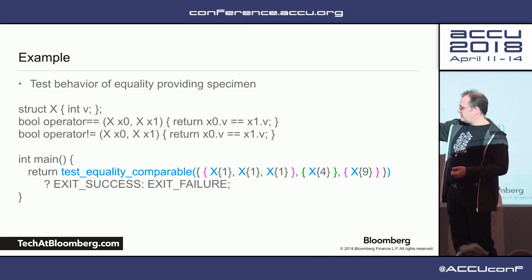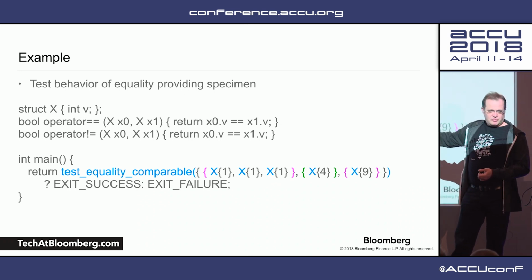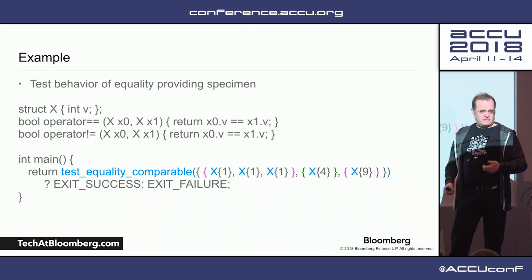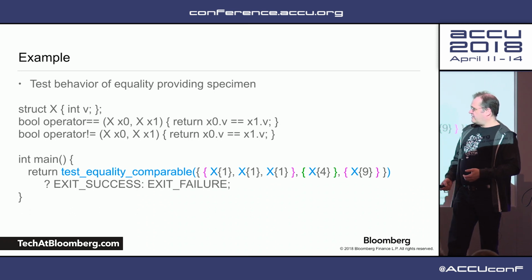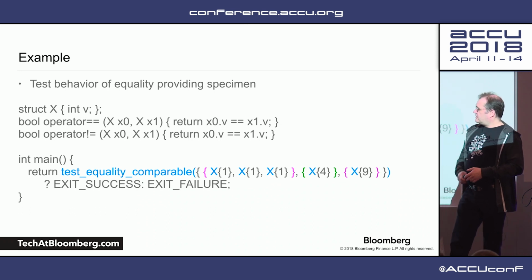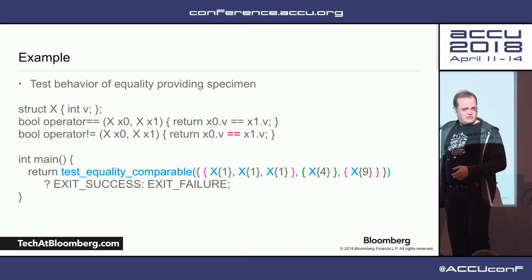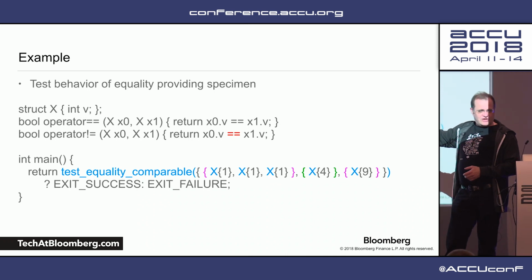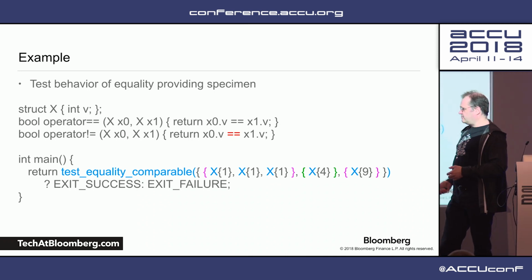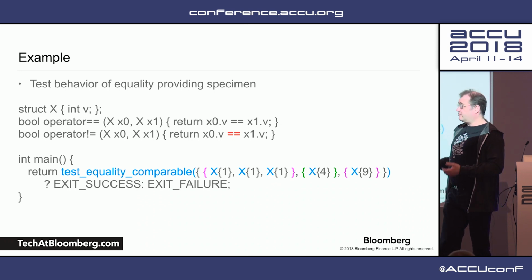I want to write test EqualityComparable, and then I give it a number of specimens. Basically, I just say, all right, create some instances of that class. That should be easy enough, I imagine. It's way easier than writing the actual test. And then it should figure out whether the code is correct or not. And actually, this code is not correct. So even with a simple mistake, you can go, well, we know how to write these functions, it's easy enough. But we may make simple mistakes, so having the test is useful, and it would discover that. This is what I'm after.